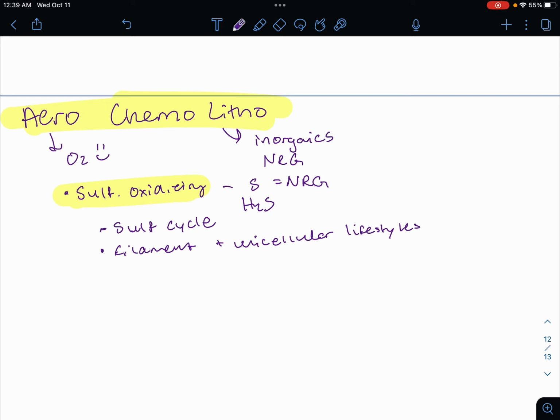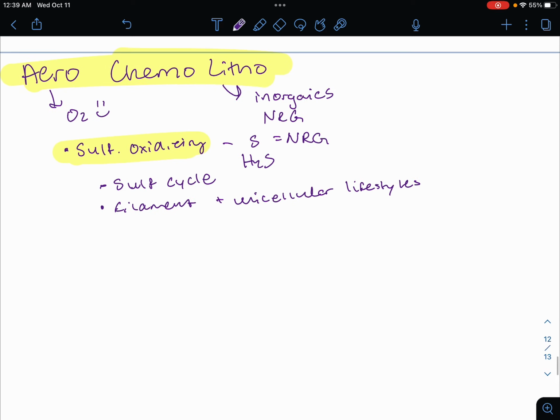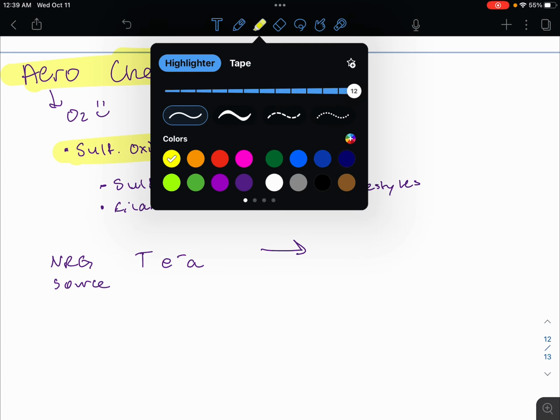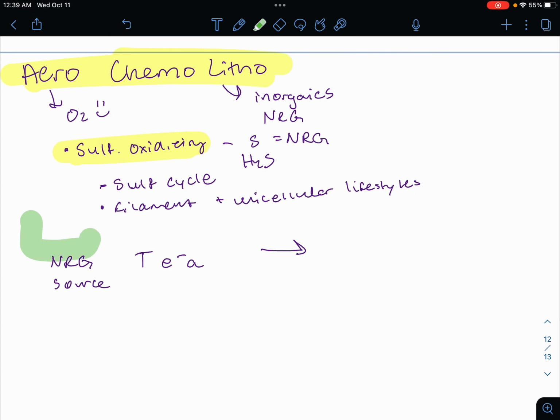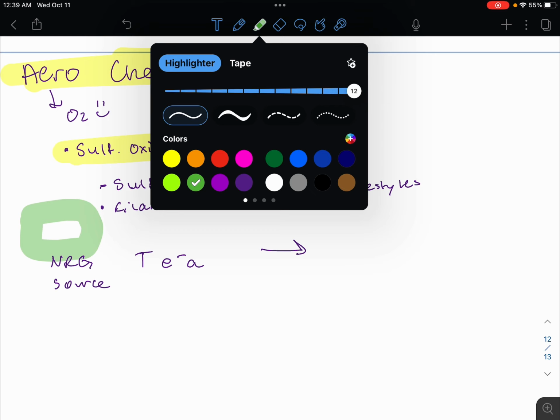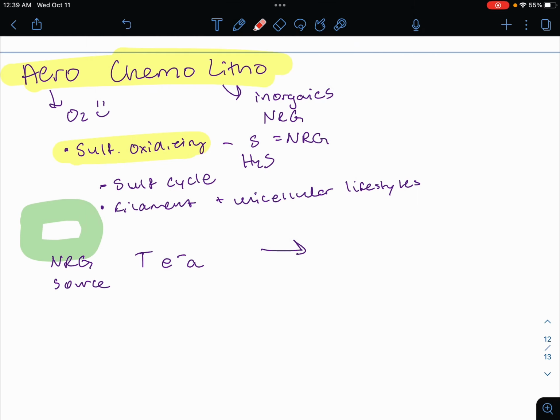The equation for this category, again, we'll have our energy source, and the electron source, or in this case a terminal electron acceptor, TEA. And then of course our products will be on that side. Let me draw my boxes.